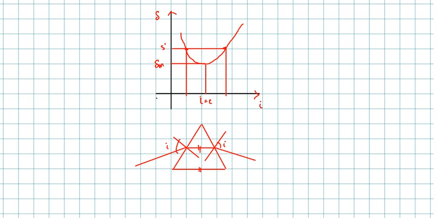This can be explained from the principle of reversibility of light. Imagine this is a prism, and this is the incident ray. It undergoes refraction at this face and again at this face, but now we place a mirror. If I place a mirror, what will happen?